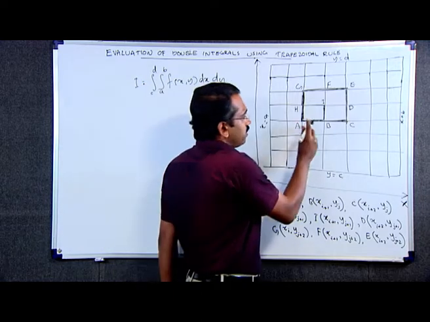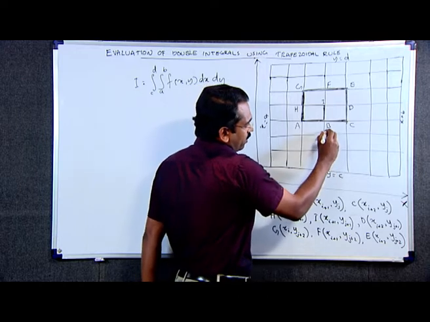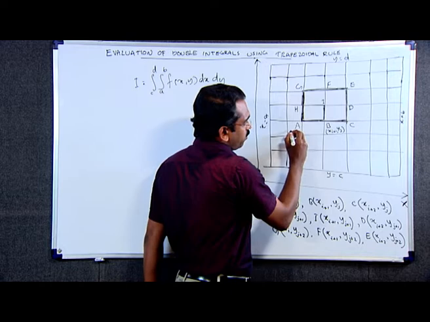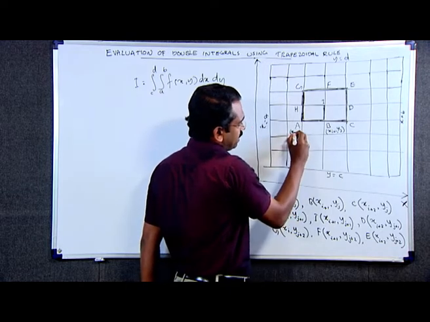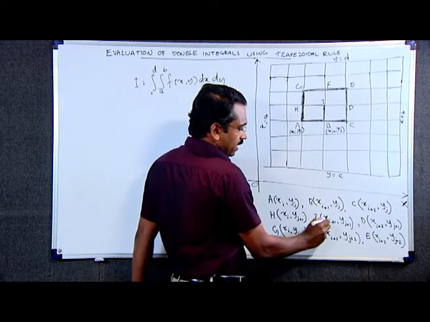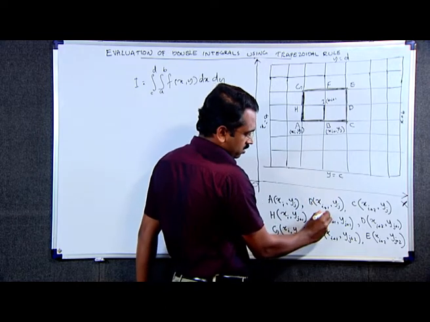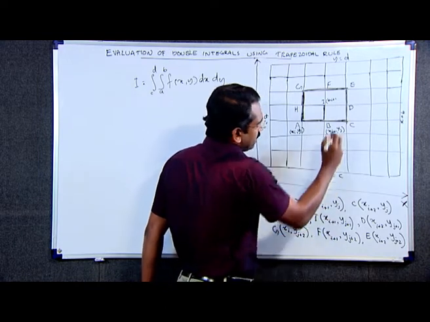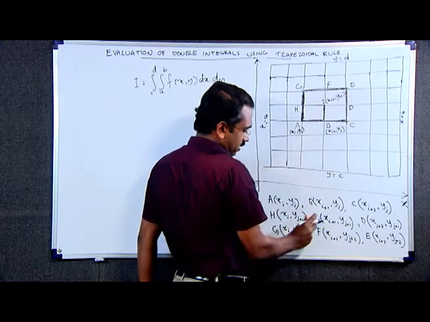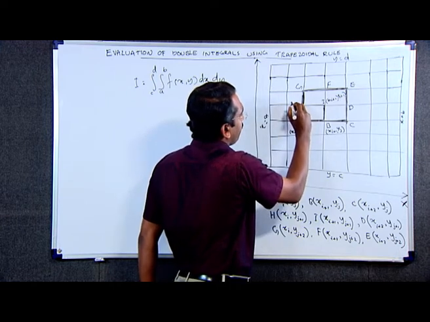Here, this point is xi yj, this is the point xi plus 1 yj, I is xi plus 1 yj plus 1, and H is the point xi yj plus 1.